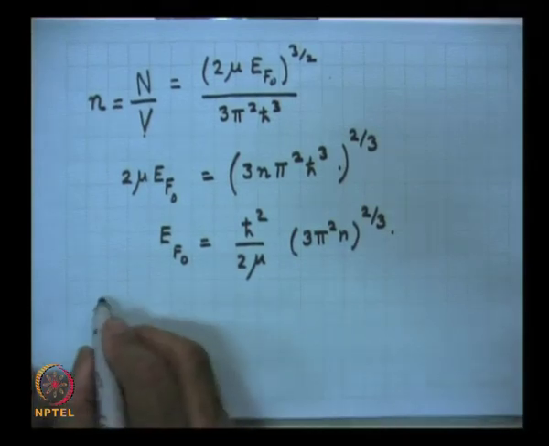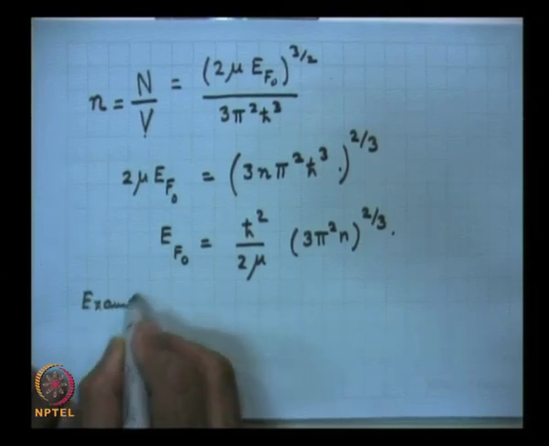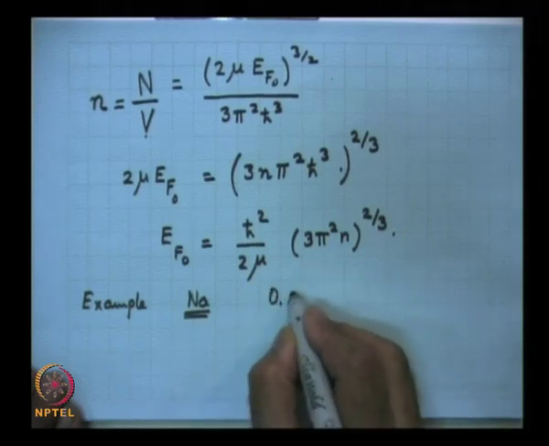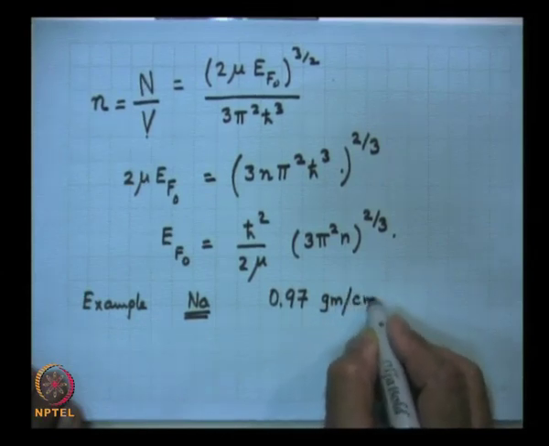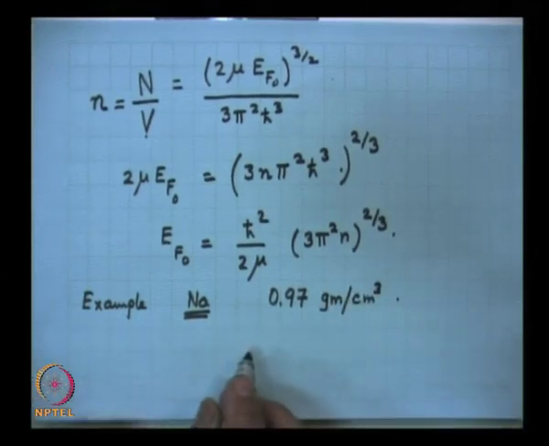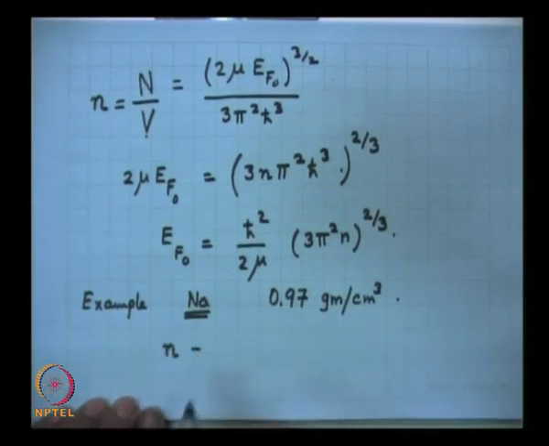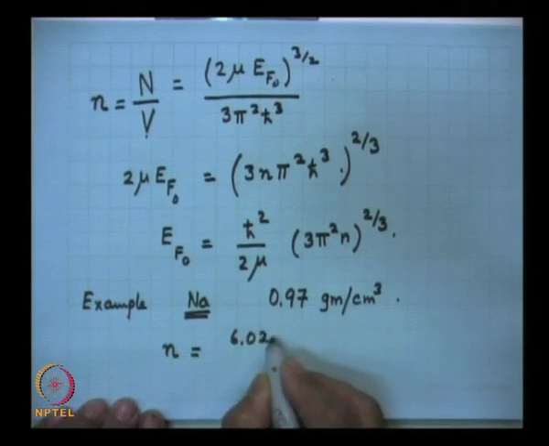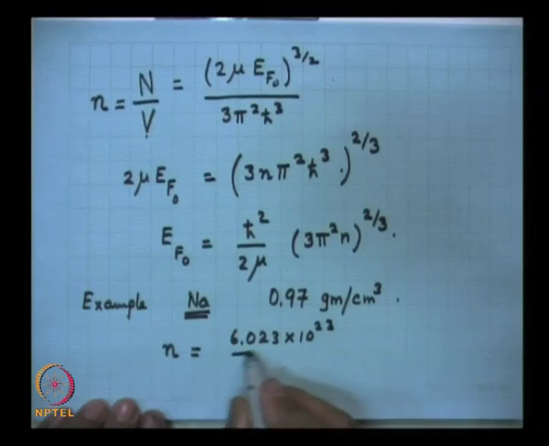Now, let me consider the sodium metal example. Sodium has a density of 0.97 grams per centimeter cube, and if I use the Avogadro's number, then the total number of electrons, if I assume 1 electron per atom, and then there are 6.023 into 10 to the power of 23 atoms for 23 grams.